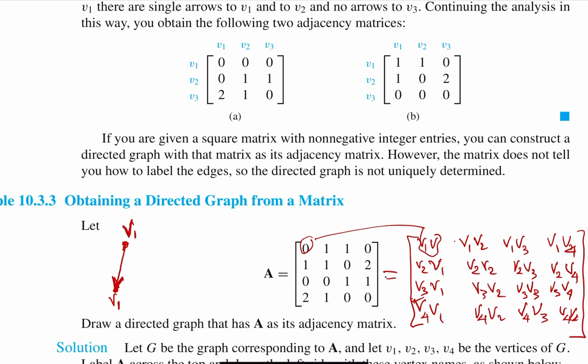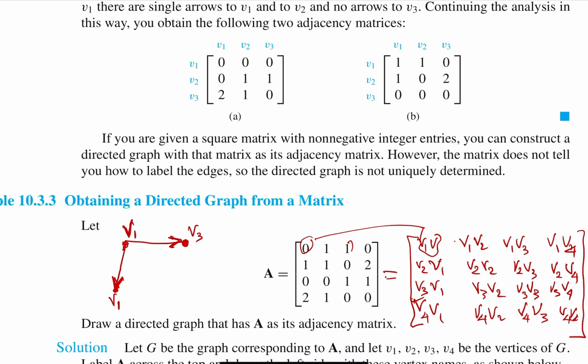V1, V3, we have only one. Make sure the arrow points to the vertex V3. Now V1, V4, we don't have anything.